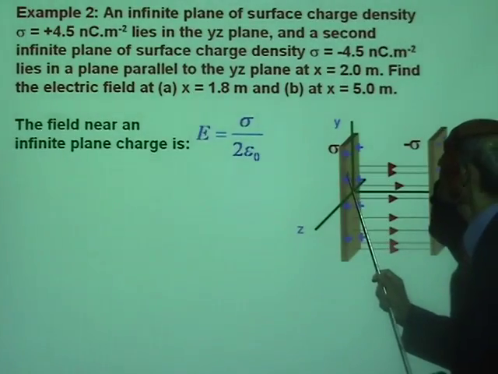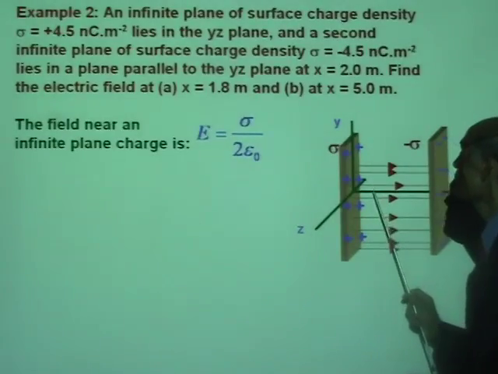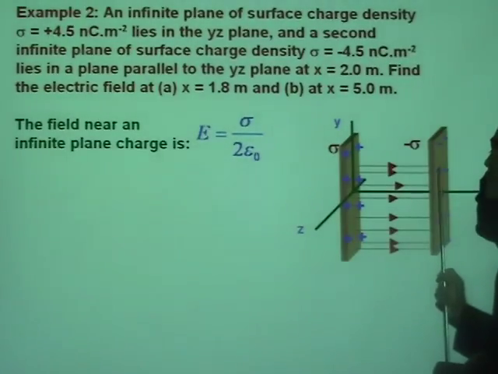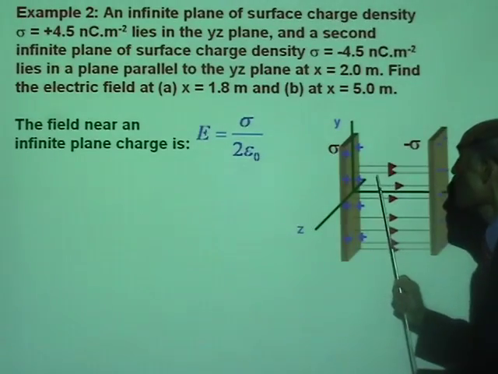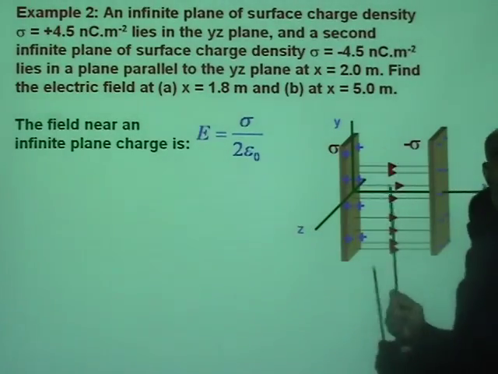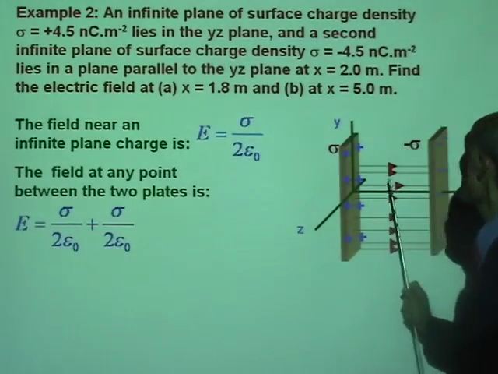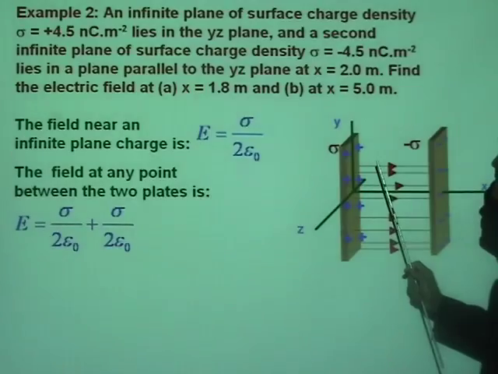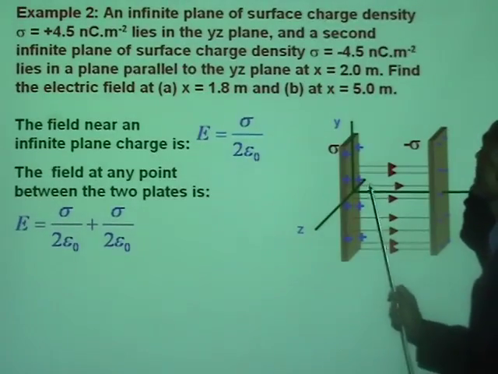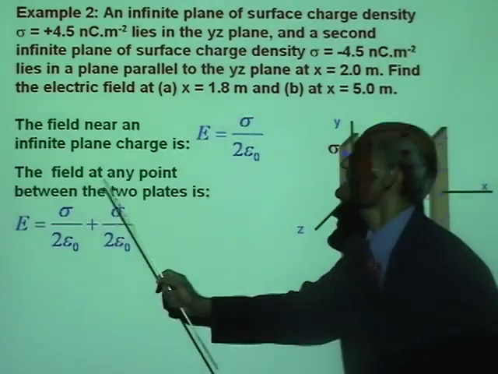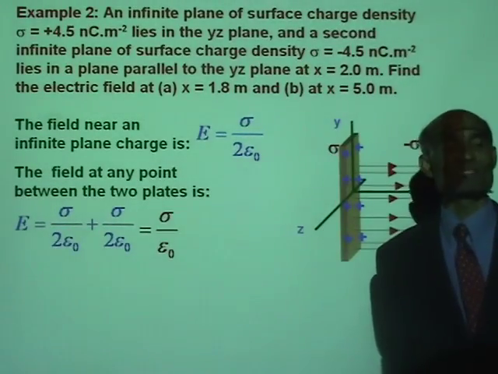That means the field due to the positive plane will be sigma over 2 epsilon naught, and the field due to the negative also sigma over 2 epsilon naught, both directed in the same direction. Therefore, the field at any point in between, it doesn't matter which point you take, will be the sum of these two, which will be sigma over epsilon naught.